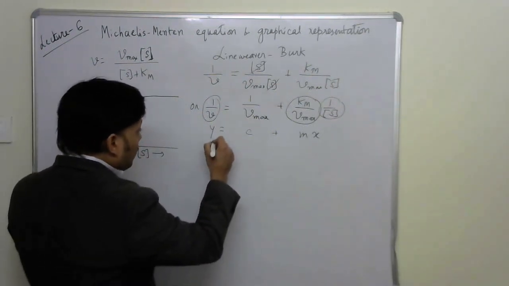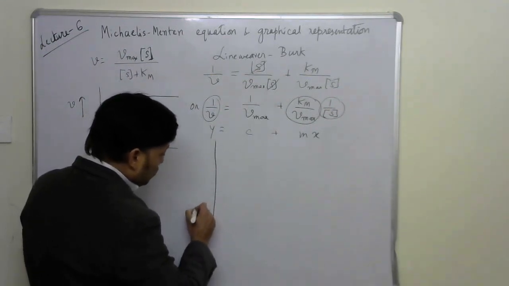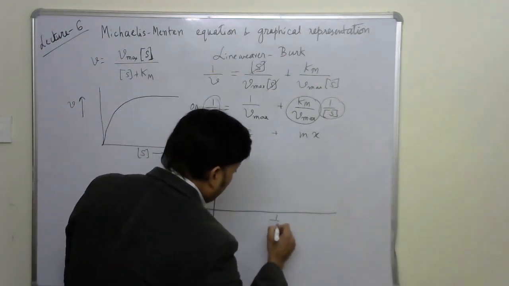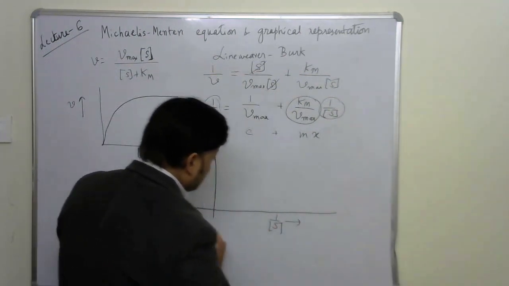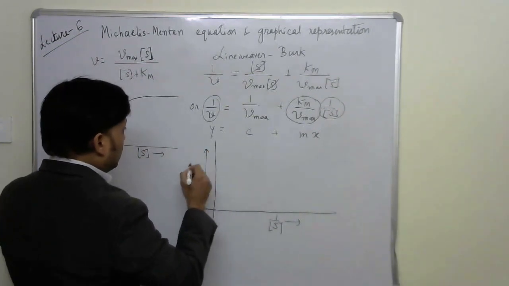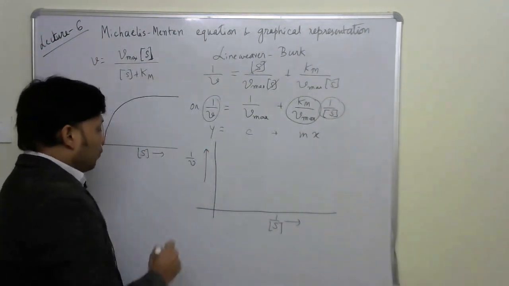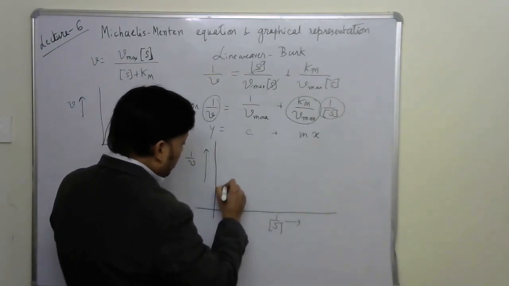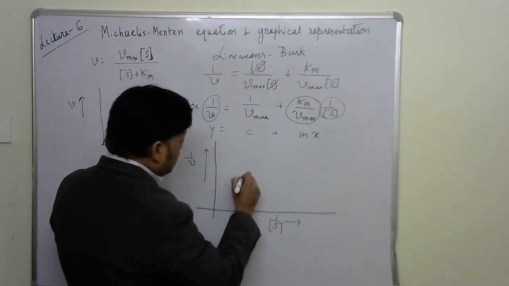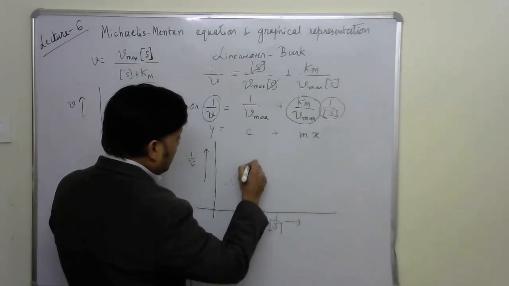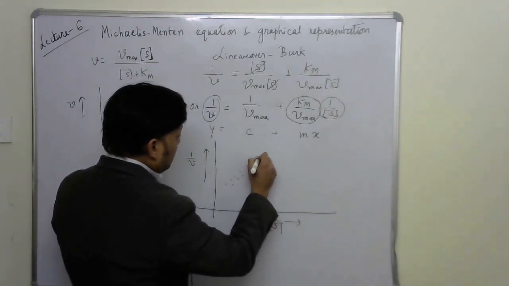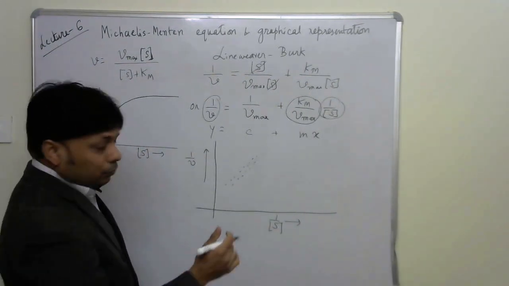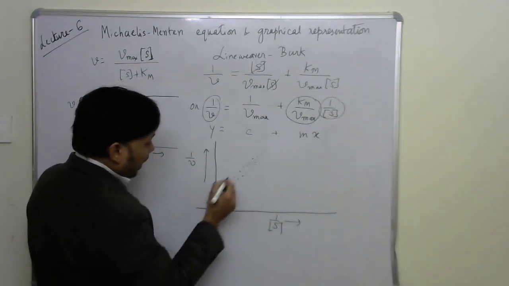So if someone graphically plots by taking 1 over S on the x-axis as the independent axis, and on the dependent axis 1 over V, definitely the observed data comes something like this, and it is much easier to draw a best fit straight line.